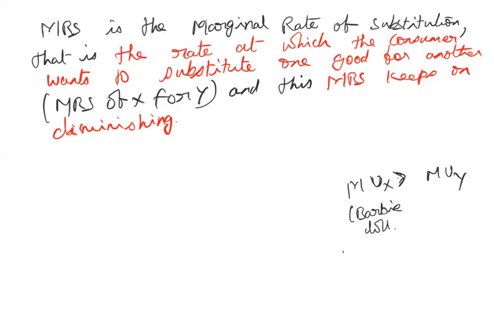Now when the quantity of X, the quantity of Barbie doll, increases, then automatically the marginal utility of commodity X is decreasing. Now the quantity of Y is decreasing. Alternatively, the marginal utility of Y will increase.